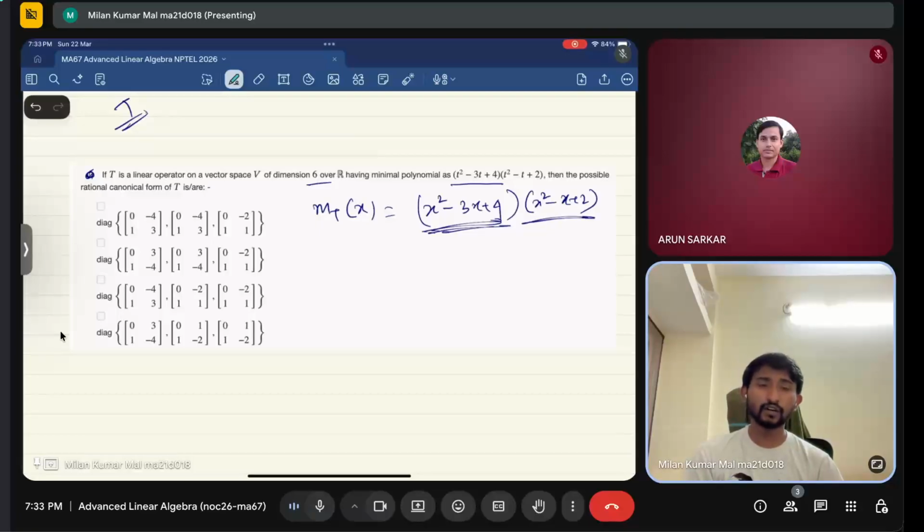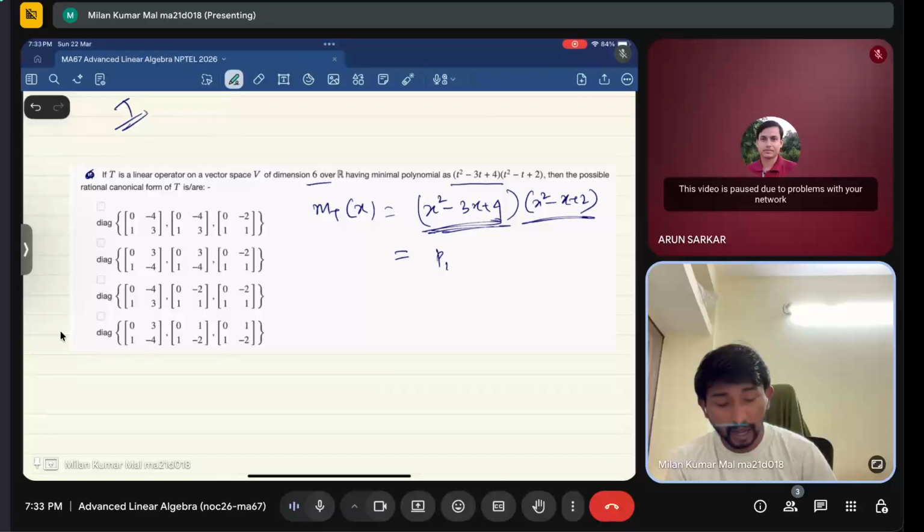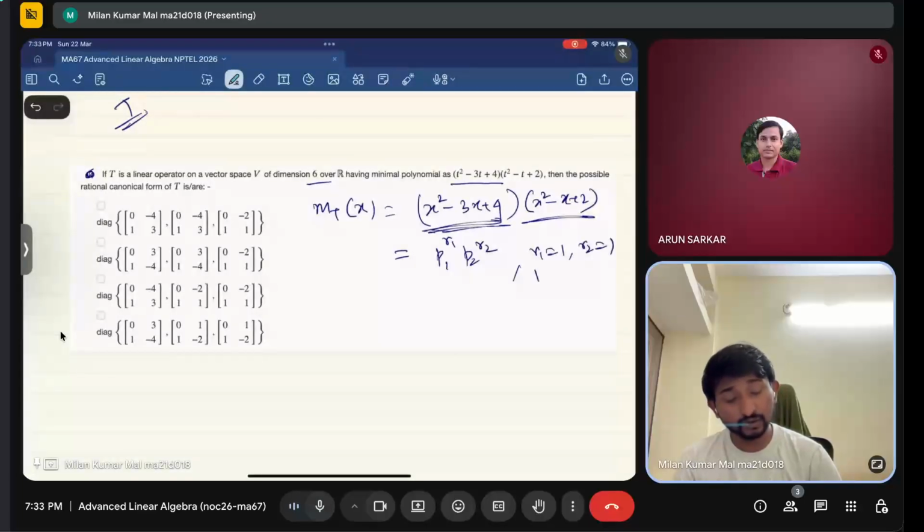In the complex field there are roots, but in the real field you will not always have this factorization. So if we consider this as P1 to the power R1 and P2 to the power R2, here R1 is 1 and R2 is 1, and P1 is x square minus 3x plus 4, and P2 is x square minus x plus 2.